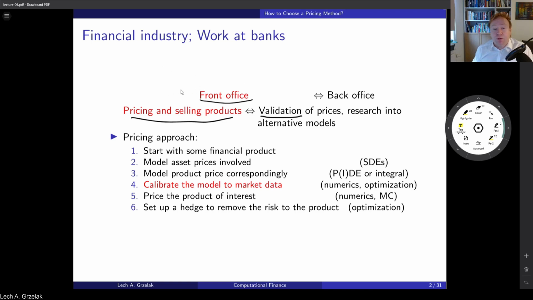Imagine a situation where you choose a wrong model. You can offer a price to a client which is better or worse. If the price is better than the client expected, or for example the value of a contract is undervalued, then the client, of course, will be happy, but that would mean a loss for the bank or financial institution. So that's not desired.